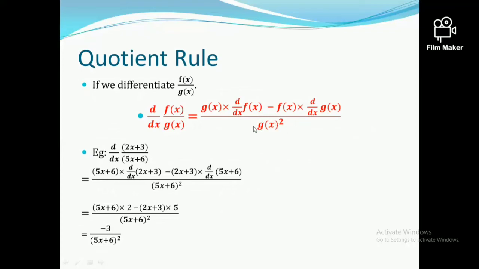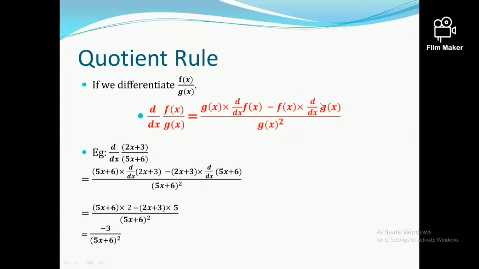Then write the denominator function again. Keep the denominator function and differentiate the numerator. Minus, this is very important, keep the numerator and differentiate the denominator.